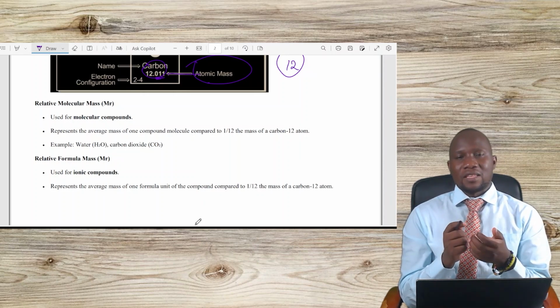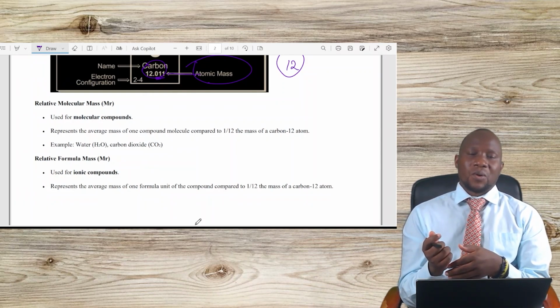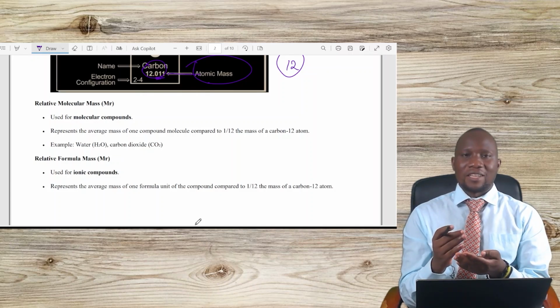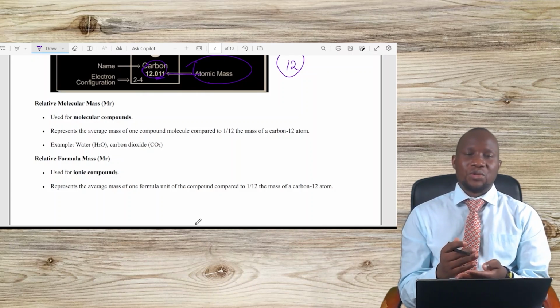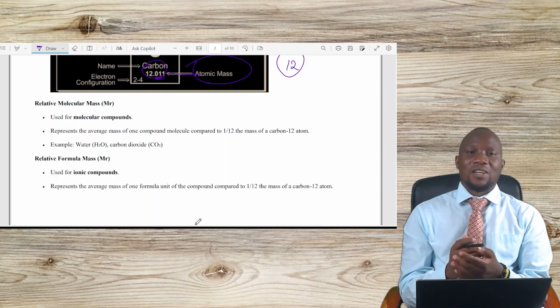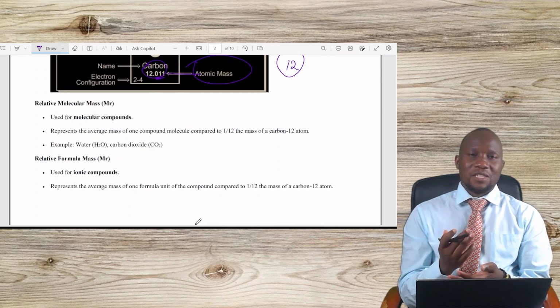It's basically a way we should call some compounds. When we look at the mathematics associated with determining relative molecular mass or relative formula mass, the calculations are the same. So why are they any different? The difference comes in with the type of compound we are dealing with.